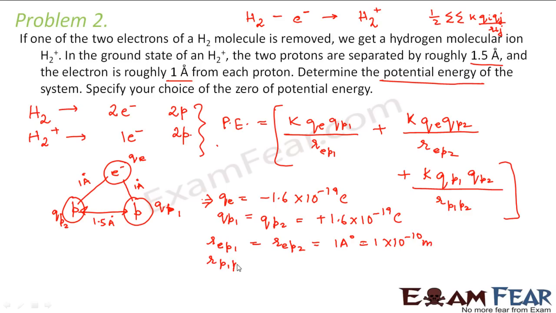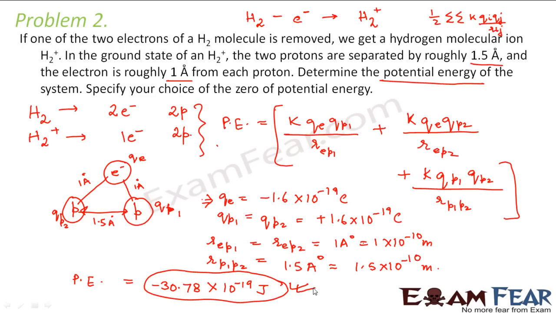And the distance between the two protons, that is RP1P2, is equal to 1.5 angstrom, which is equal to 1.5 into 10 to the power minus 10 meters. So putting all these values, we get potential energy as minus 30.78 into 10 to the power minus 19 joules.